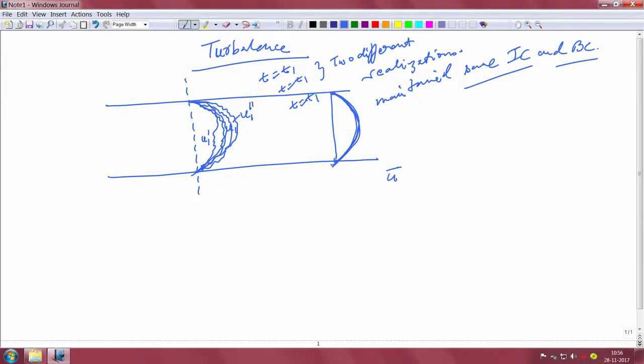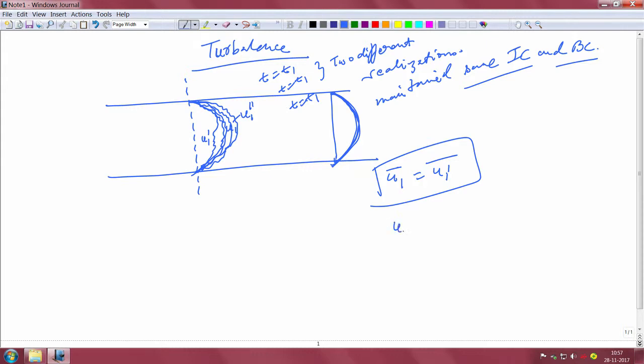The average profiles actually fall on top of each other. If you take the average profiles, U1 bar and U1 prime bar, where this prime is once again not the fluctuating quantity but another experimental realization, you find that they match perfectly. So, U1 bar and U1 prime bar basically match to the dot of each other.